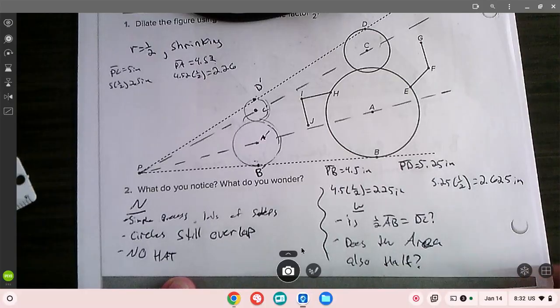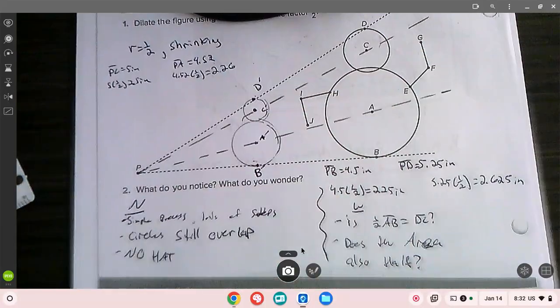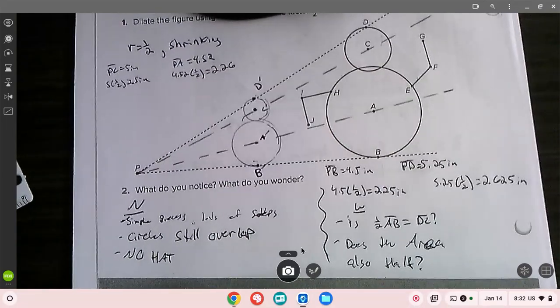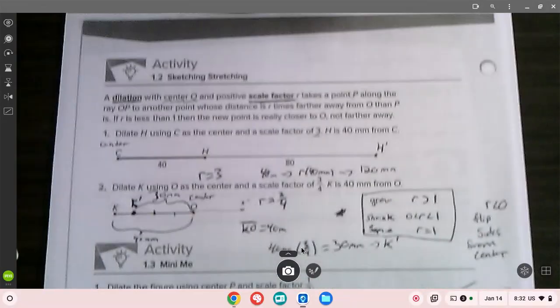Since everything was scaled by one half, would the area half as well? That is my question. I'm not too sure, but I want to know if that would be true. Do you ever have to use pi in this? If you were to solve for the actual area, yes, we would. Pi r squared. Isn't it just 3.14 times radius squared? That's still a lot of extra work.